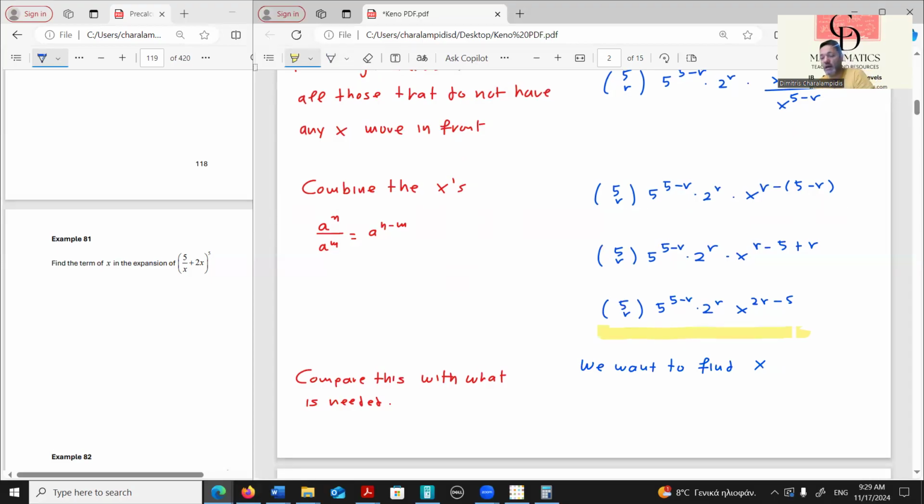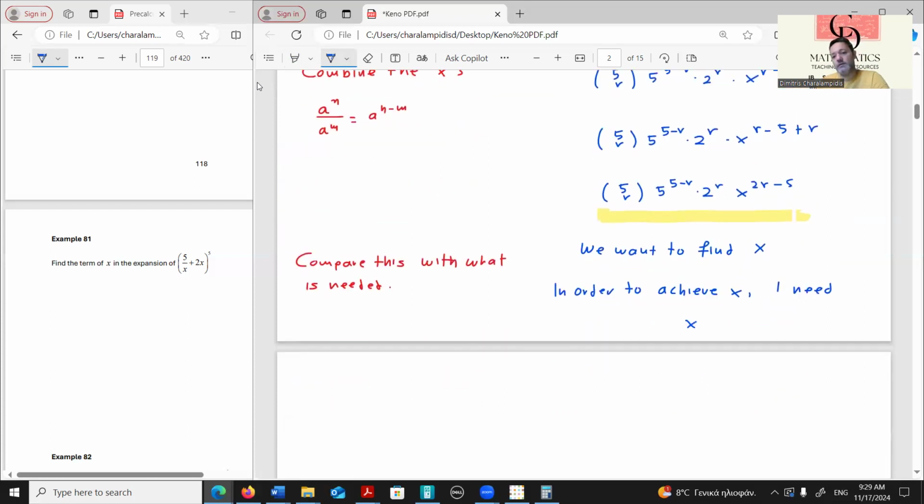The only difference between any term is the value of r. So in order to achieve x, I need the x to the power of 2r minus 5 to be equal with x to the power of 1. So this means that 2r minus 5 should be equal to 1, which means that 2r should be equal to 6, so r should be equal to 3. And there is our answer.